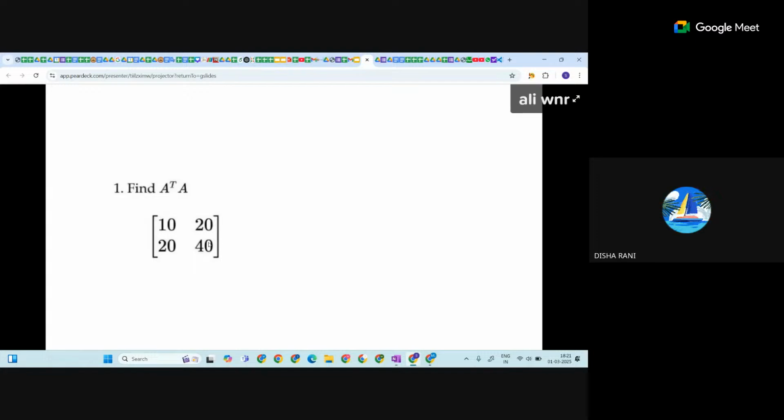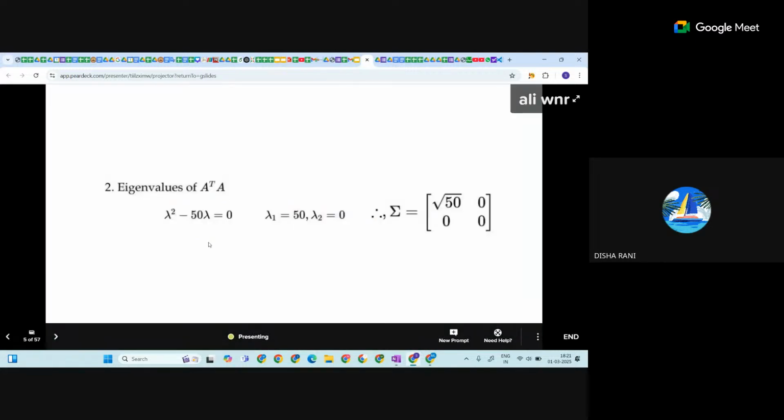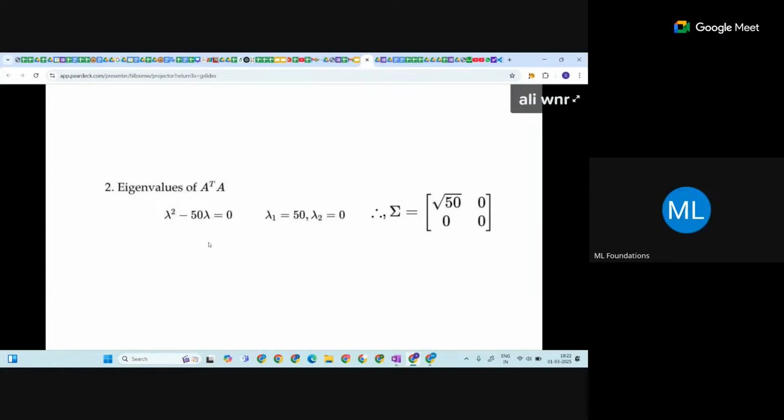The eigenvalues are 0 and 5? I calculated previously, so the eigenvalues are 0 and 50, not 5. Yes.